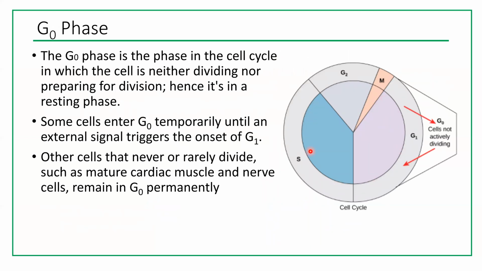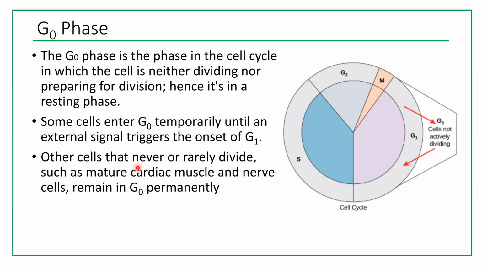So here's our cell cycle again, but here we're going to look at one more phase. It's called G0 phase. G0 phase is a phase in the cell cycle in which the cell is neither dividing nor preparing for division. Hence, it's a resting phase. Some cells enter G0 temporarily until external signals trigger the onset of G1.